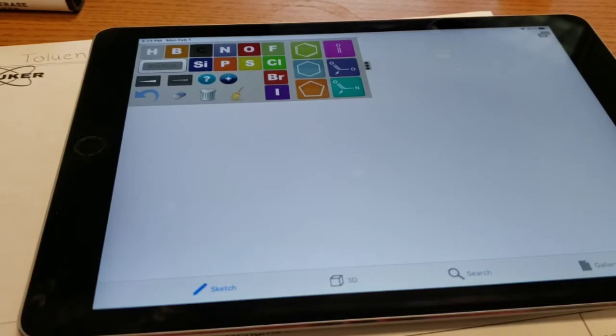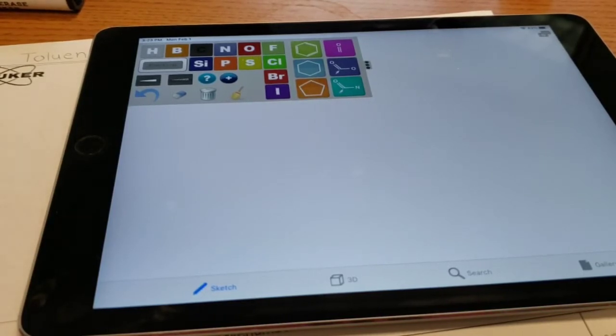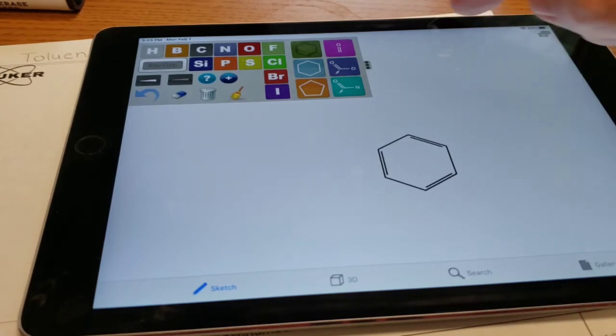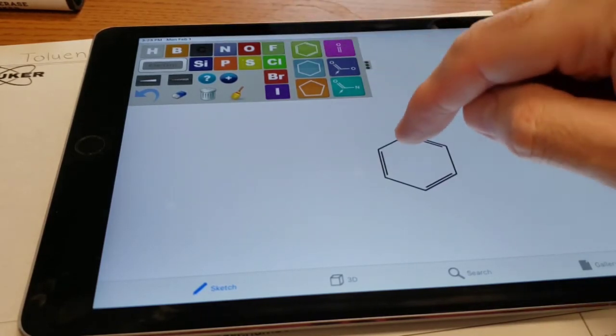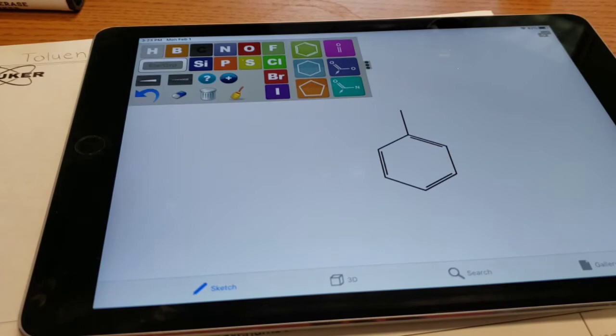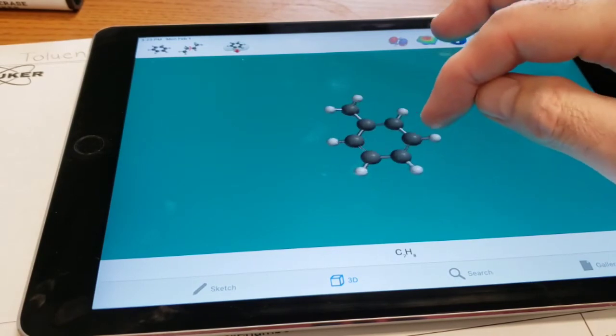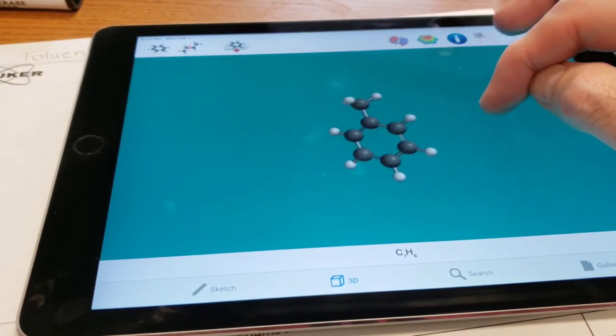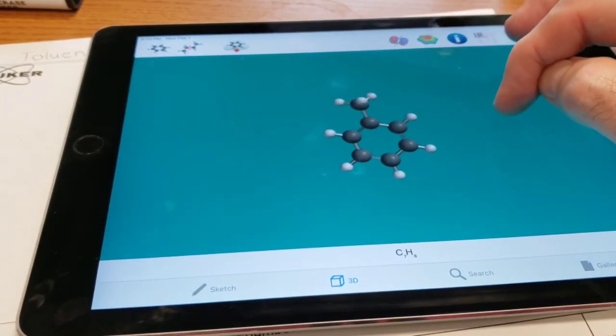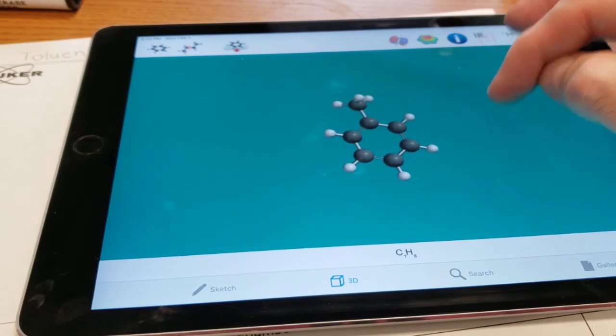It's the 21st century, and we don't have to just rely on correlation tables from textbooks anymore. We can use software to help us find an answer. And here is toluene. This software is called iSpartan. It is the iPad version or iPhone version of Spartan molecular modeling software.